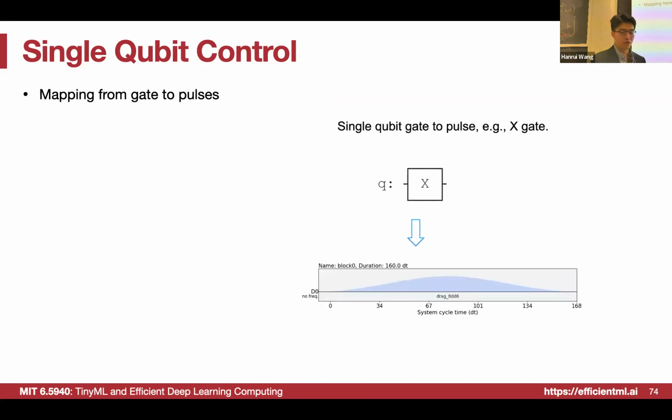Just like the single qubit control, we are doing this pulse wave, and many times it looks like a Gaussian, but actually it's a small variance of the Gaussian, which is called a DRAG shape. And then we are using this shape, and the actual area under the curve will determine the rotation angle we are doing.